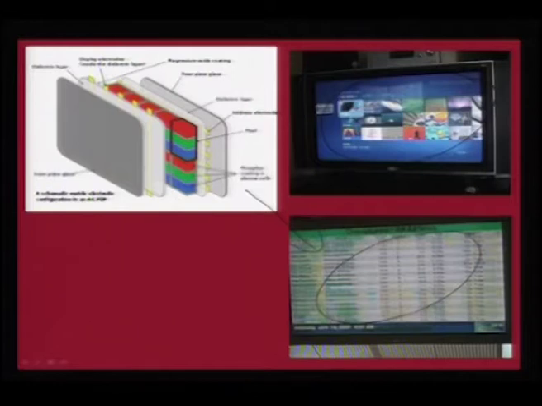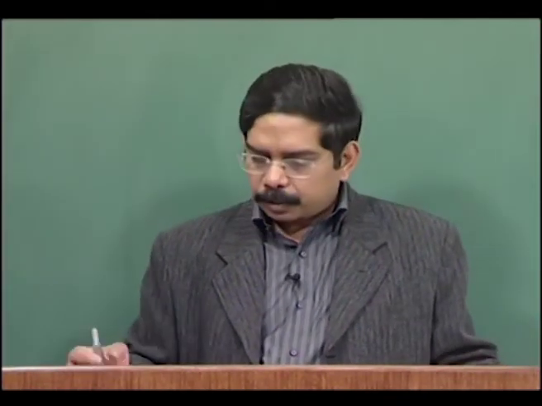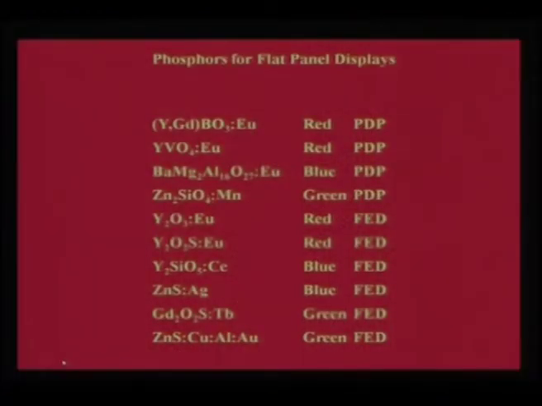So, a distorted display like this clearly shows that the phosphors are getting degraded in the plasma display panel. So, this is one of the main problems that you encounter in practical application. Compared to CRT tube, you have a problem of the phosphor degradation because of a continuous exposure to plasma. So, this has to be taken care of.